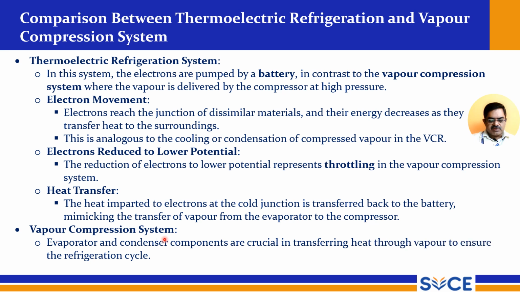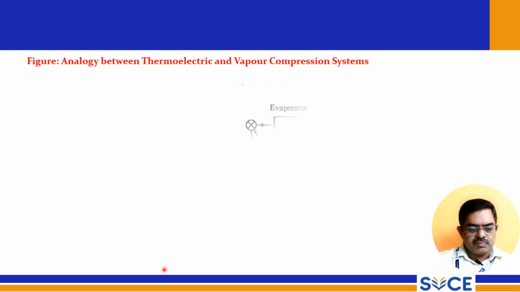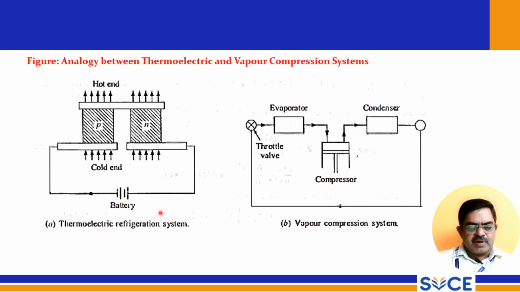In the vapor compression system, the evaporator and condenser components are crucial in transferring heat through vaporization in the refrigeration cycle. So this is the comparison: these are the four regular components of VCR, and here a battery and two semiconductors, P type and N type, and this becomes the cold junction and this becomes the hot junction. So this is the schematic comparison.